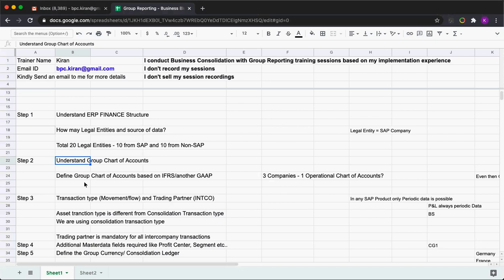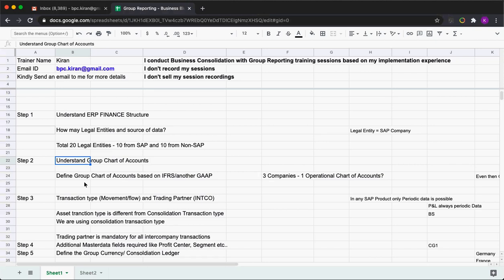So define one consolidation chart of accounts, which is called the group chart of accounts. In that group chart of accounts, mention this is the common chart of accounts for SAP and non-SAP, and also how the mapping between operational chart of accounts and group chart of accounts is maintained in the system.